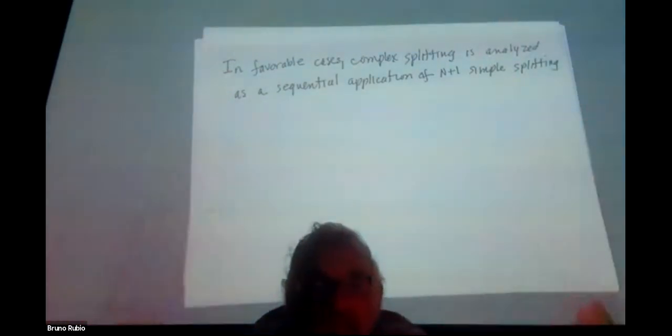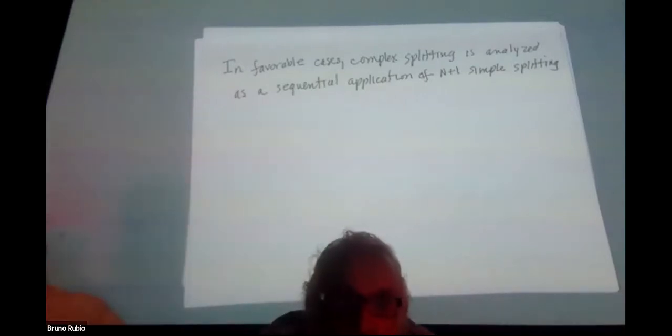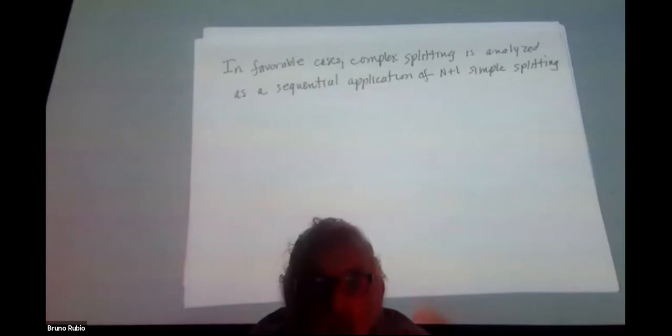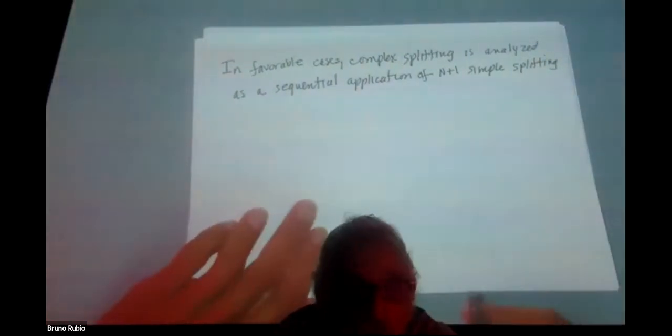All right, so this isn't always going to happen. Like I said before, sometimes you need to have a computer program to understand the splitting. But in some other cases, we don't. So what do I mean by the sequential application of N+1 simple splitting?